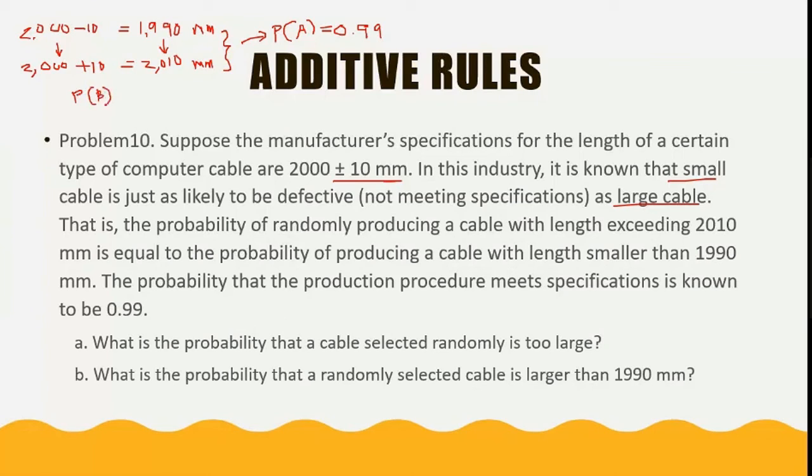We will use B to denote less than 1990 mm, and we will use C for producing greater than the maximum, which is 2010 millimeters. Again, remember these.